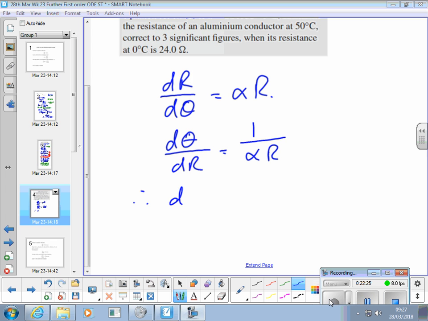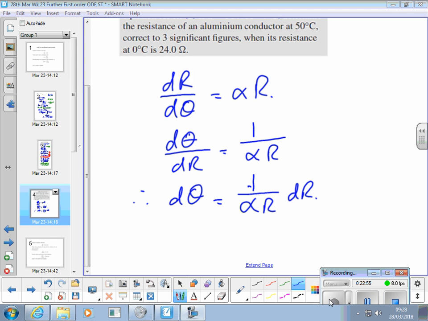Therefore, d theta is equal to 1 over alpha R dR. I find that more understandable if I put that multiplied by dR on the end.